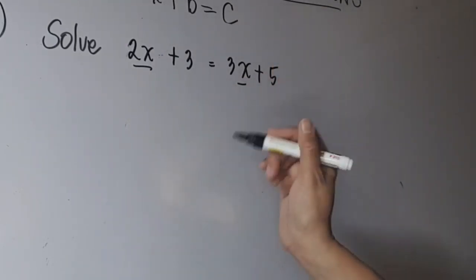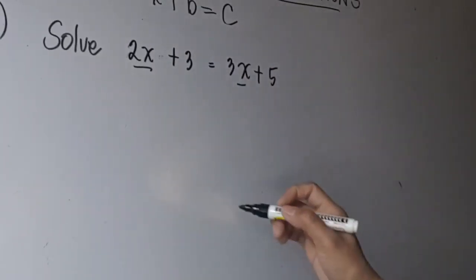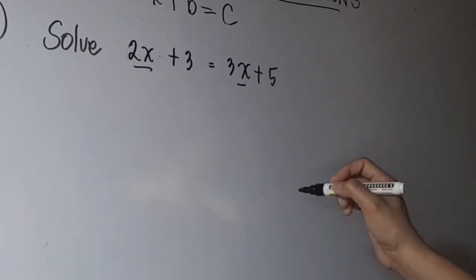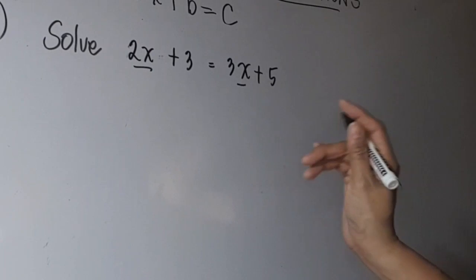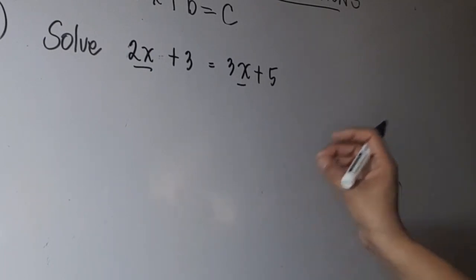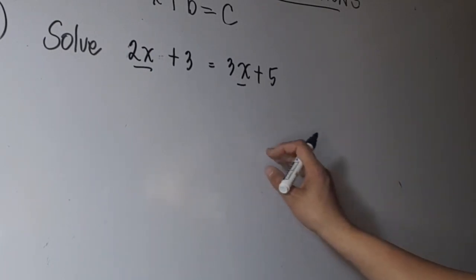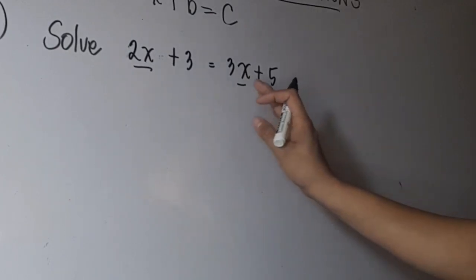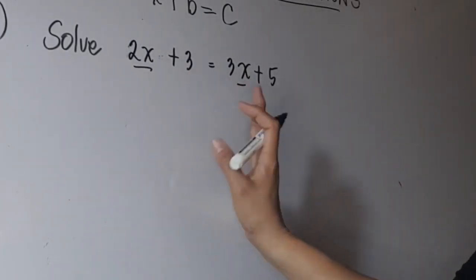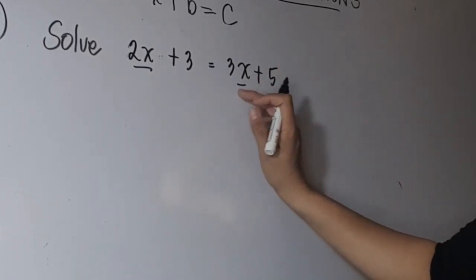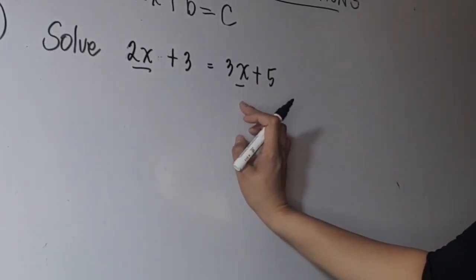I suggest that you collect the variable on the side with a term that has a greater variable coefficient. Which of these has greater variable coefficient? Isn't it the one on the right side?